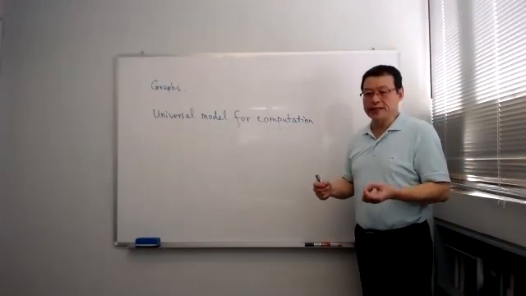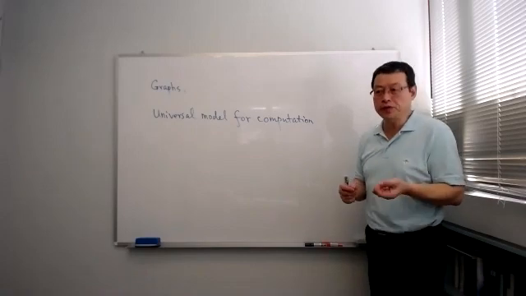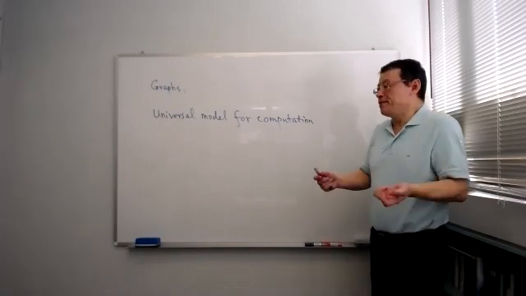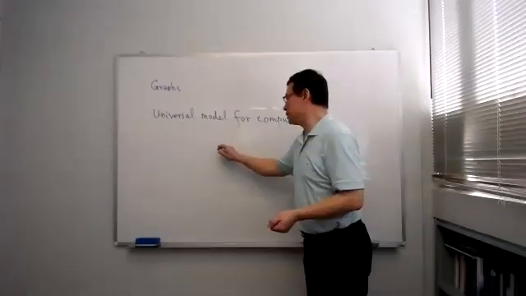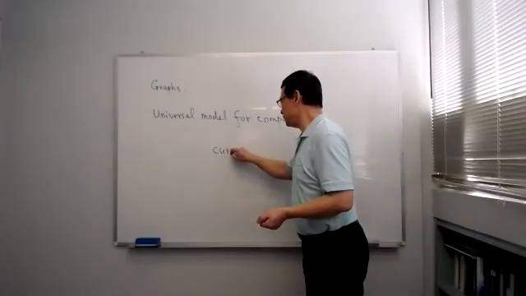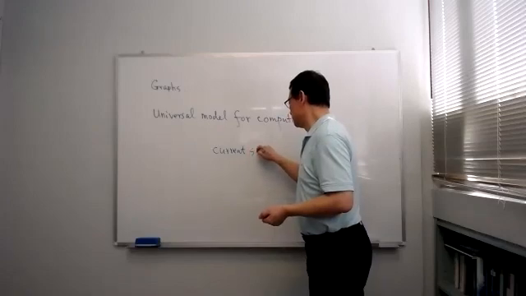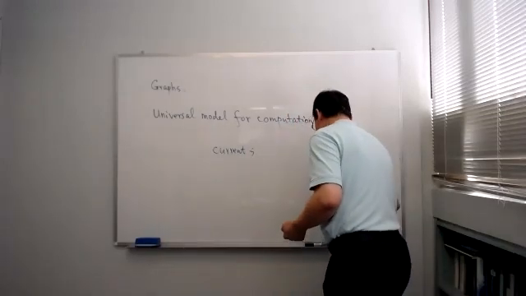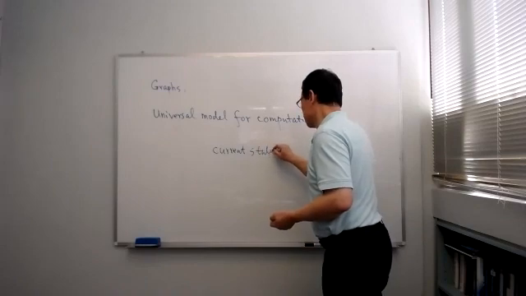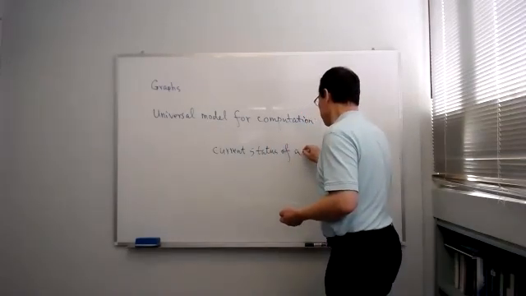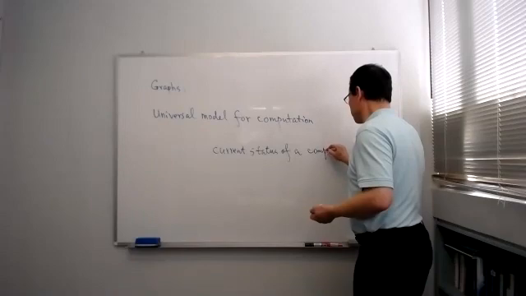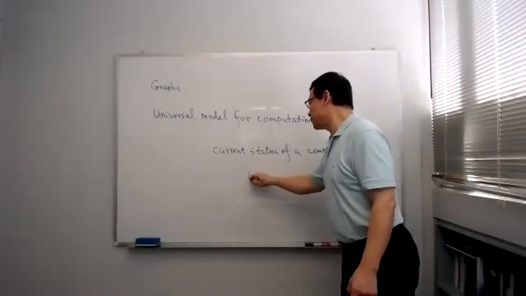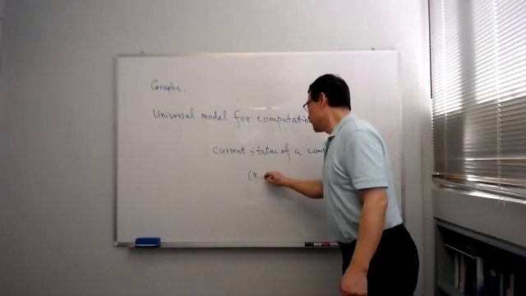So whatever it is, the current status of a computer can be modeled. It can be long, so it's a vector. Current status. It can already be modeled by a vector, so maybe x1, x2.